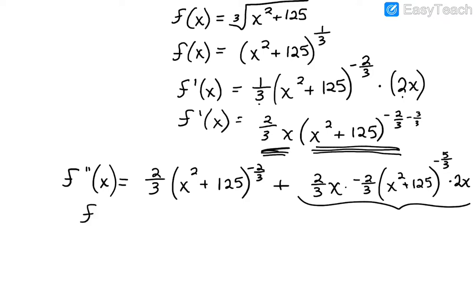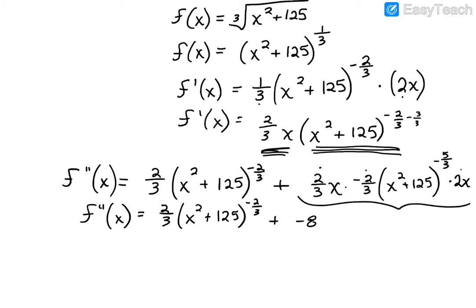So for now, I'm just going to leave this first set of terms as is. Nothing to really clean up there. And then when I come over here, first of all, I've got a 2 times a negative 2 times a positive 2, so that'll be a negative 8.